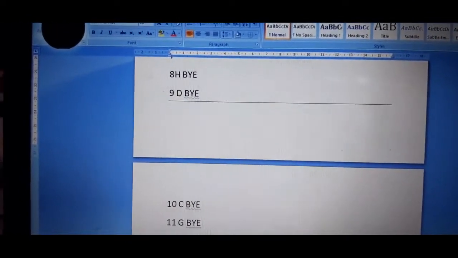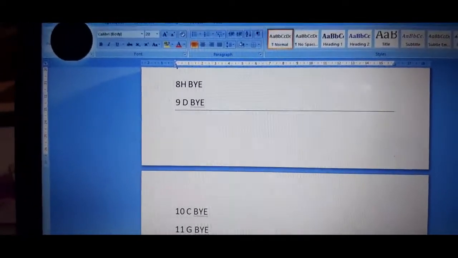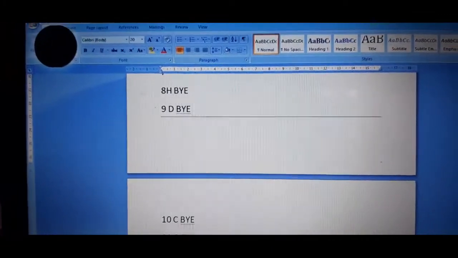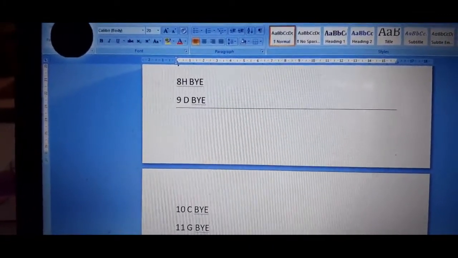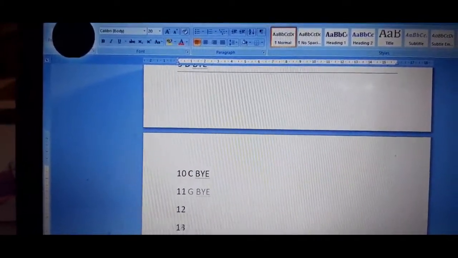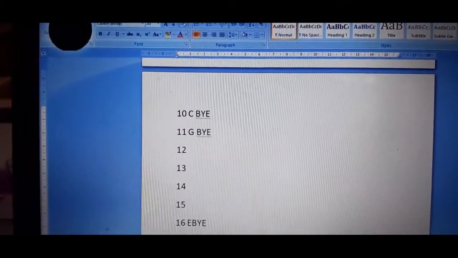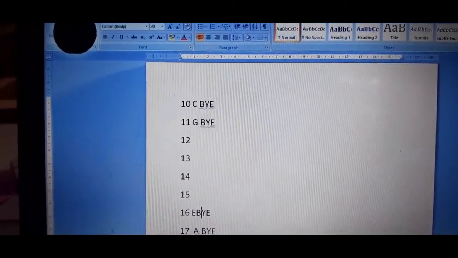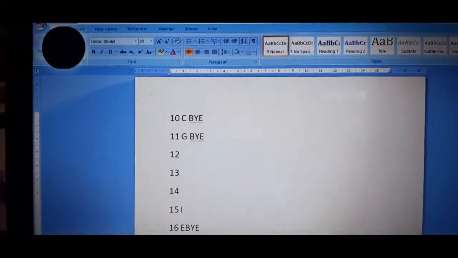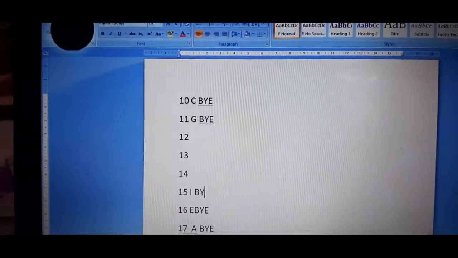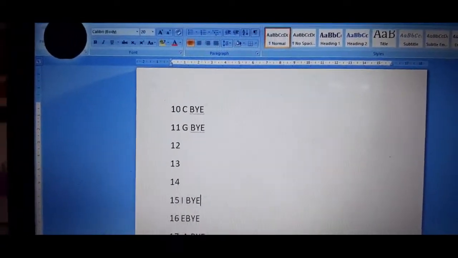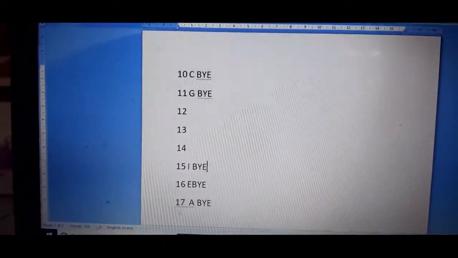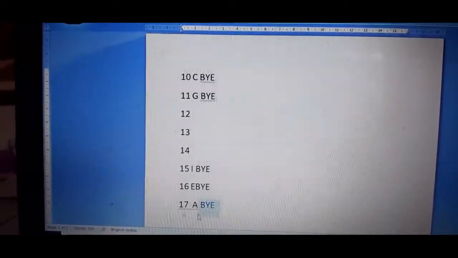So we have done 4, we have given 4 more, that is we have given 8 byes now. Now again start with the same sequence. After h is i, so here is i bye. Then after the first one we have to go right again on the top.